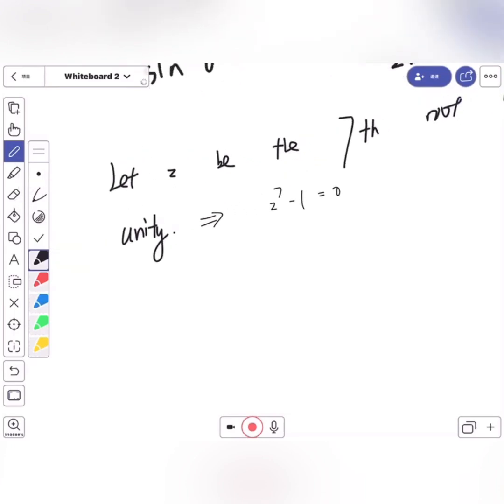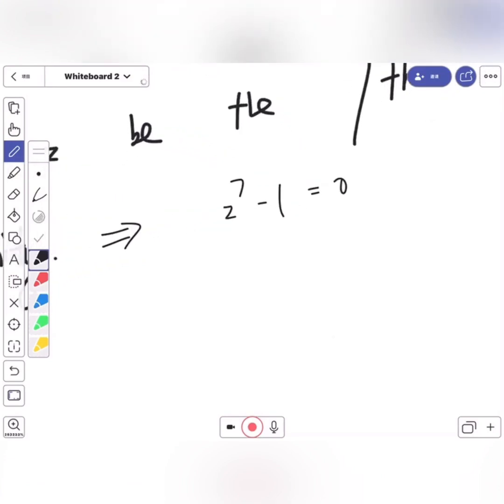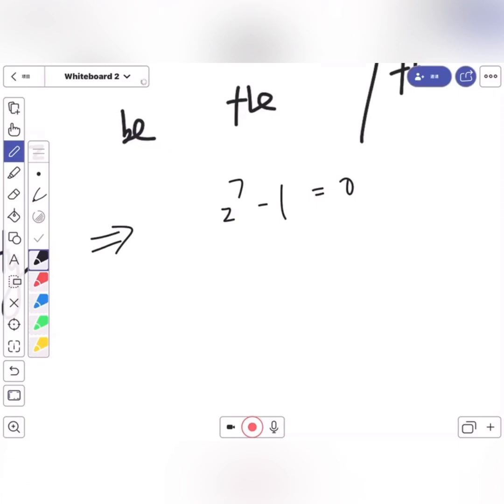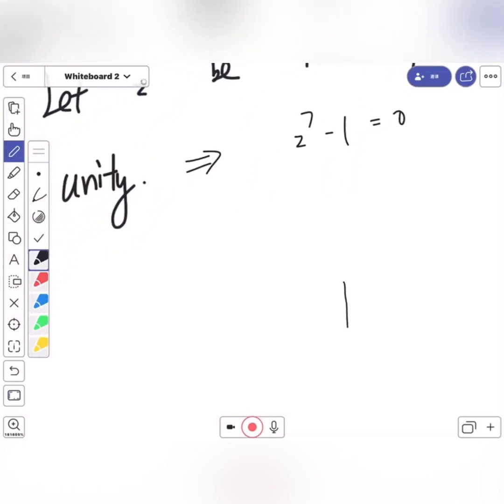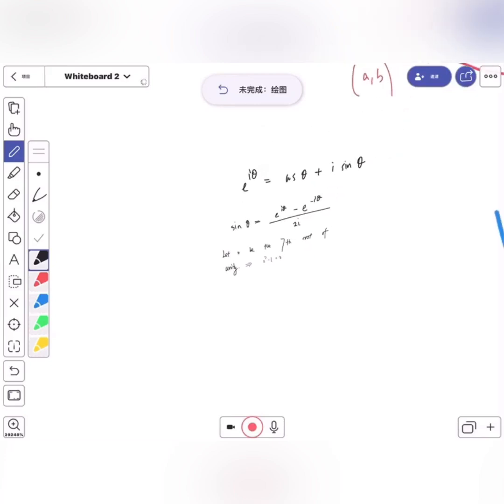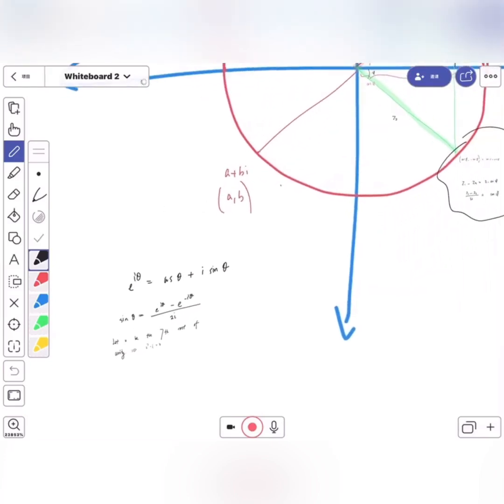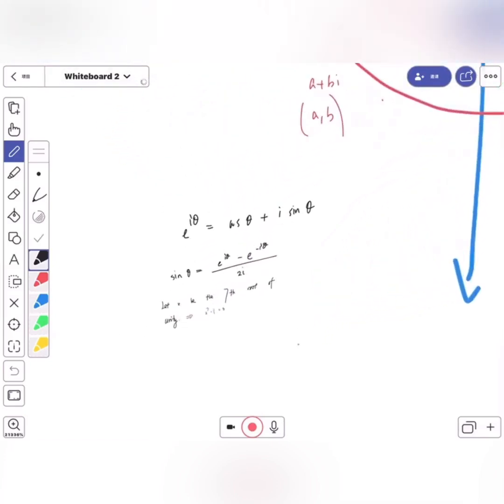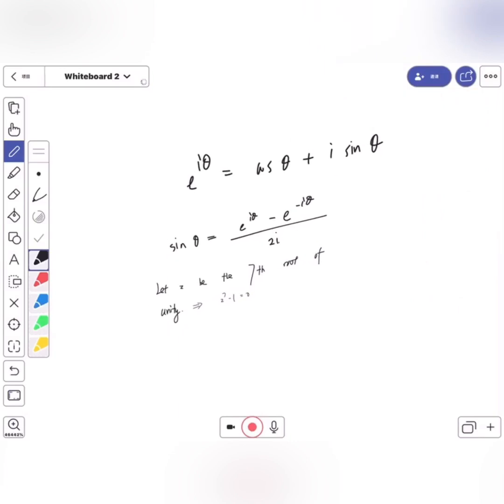There are actually 7 roots because of the fundamental theorem of algebra, but we can only see one, which is z equal to 1, and the other 6 are on the complex plane. These 7 roots form a circle, which is the unit heptagon.